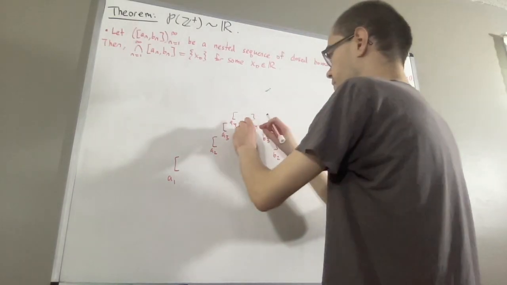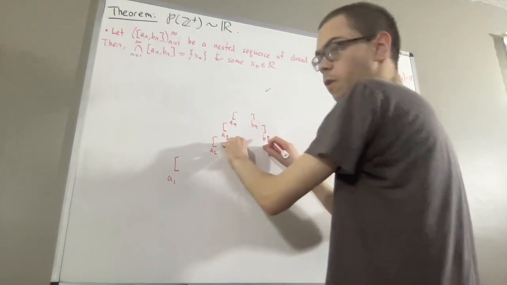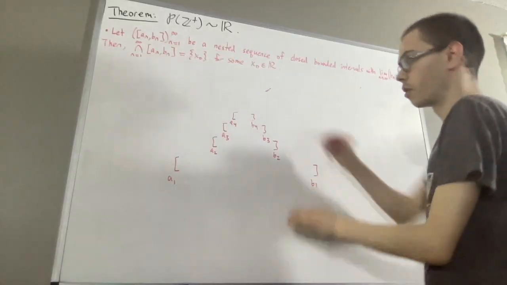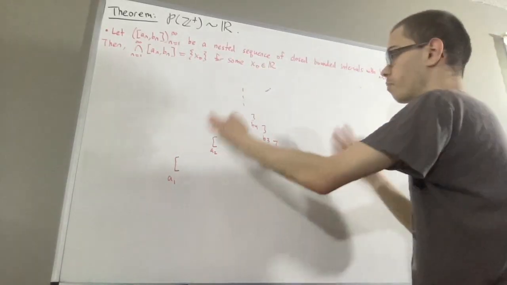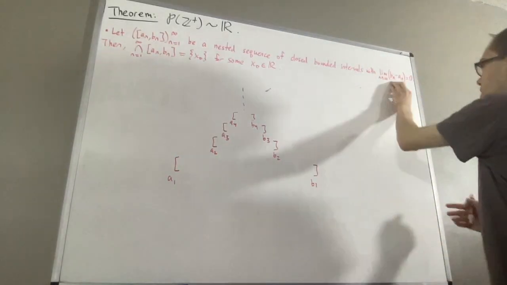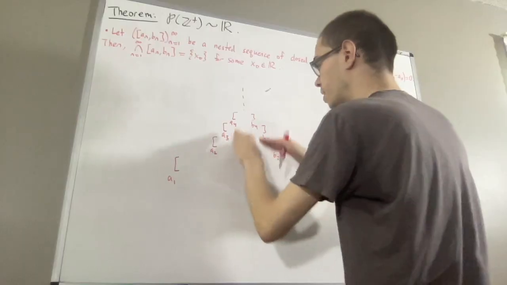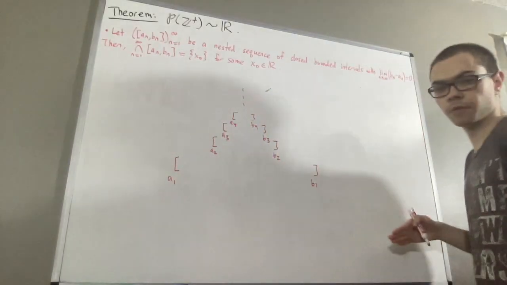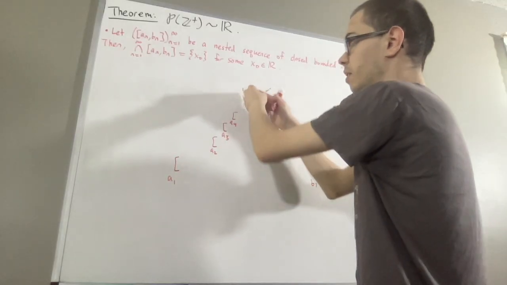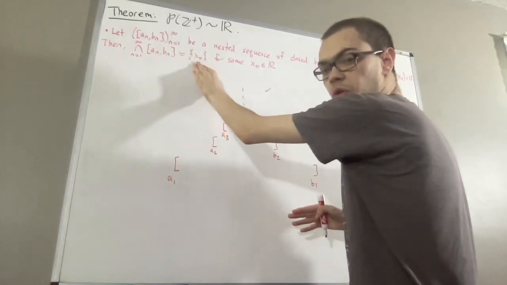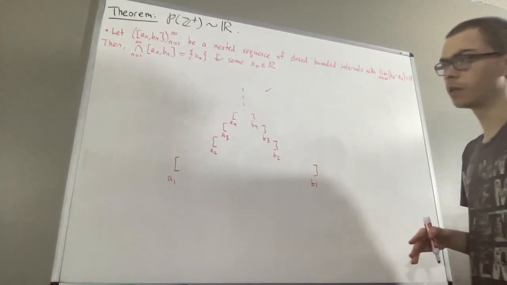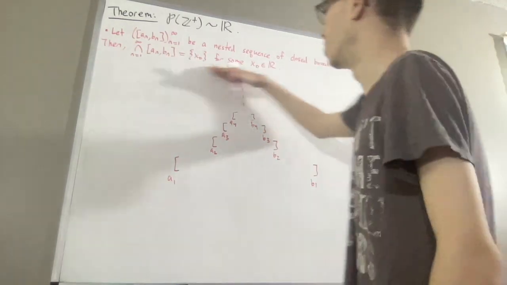The fact that each interval is contained in the interval before it is what it means for the sequence to be nested. Right? So this is going to keep going on. But this sequence of closed intervals also has the property that the limit of the difference between the endpoints is going to converge to 0. So, turns out, when that happens, there's going to be exactly one real number which belongs to every single one of these closed bounded intervals. Right? That is what this is saying.